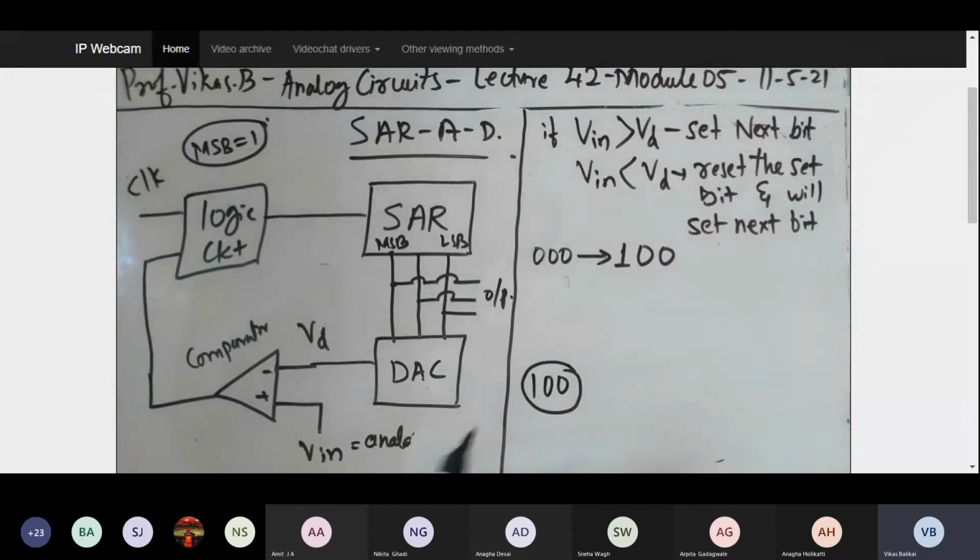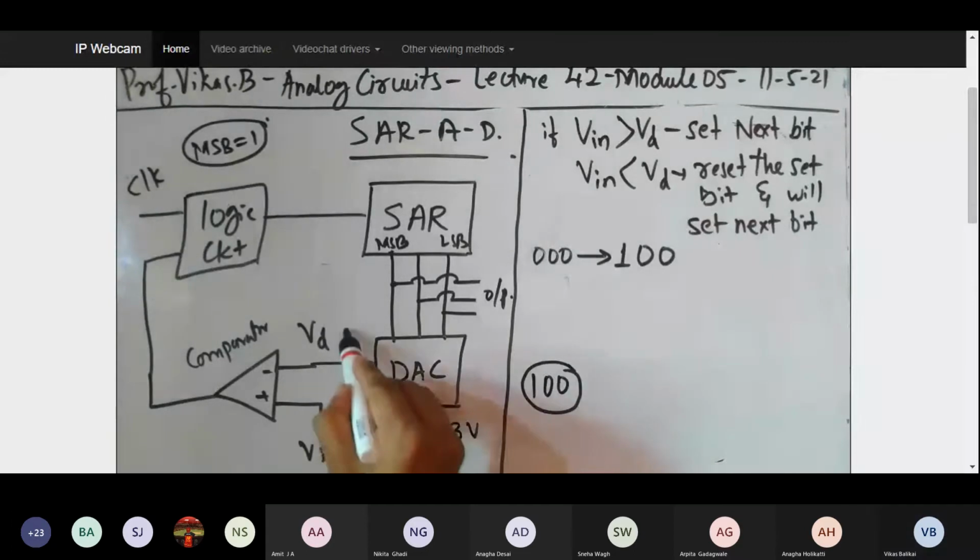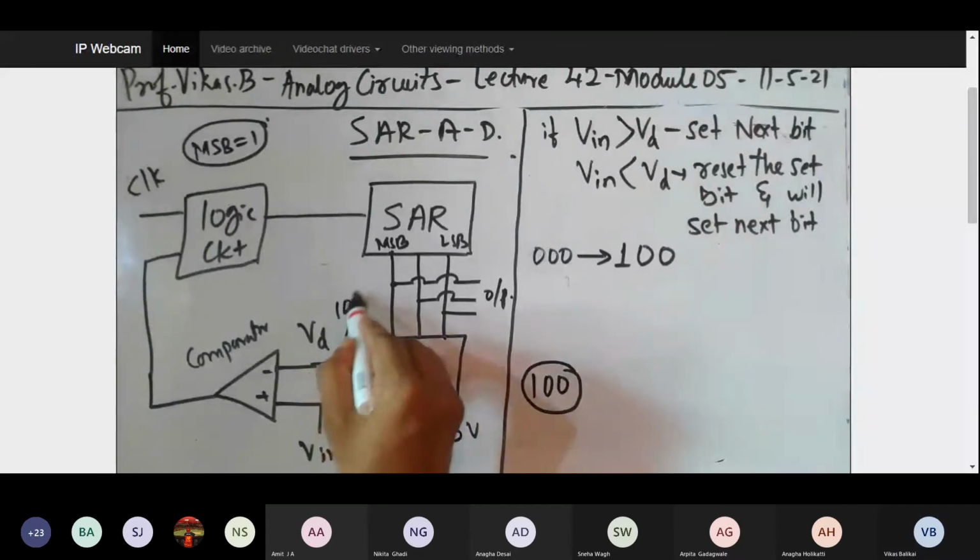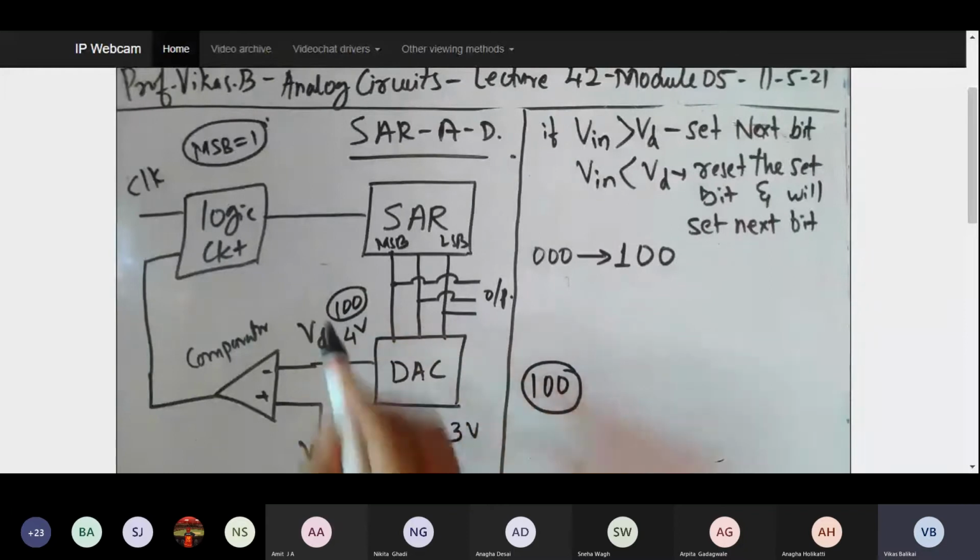So this 100 will be converted into its analog value, giving me a value of 4. So let's consider I am giving the input voltage as 3 volt, and this voltage being 4 initially, right? So now let's try to apply this condition whatever I have given over here.